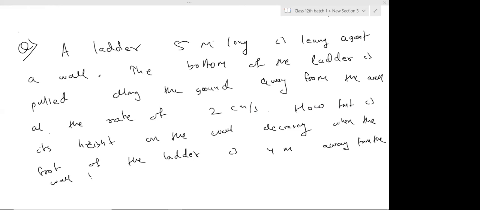You guys can try solving this also if you want. I'll give you 2-3 minutes. All right, see if you can solve this. Tell me on chat if you can or cannot.